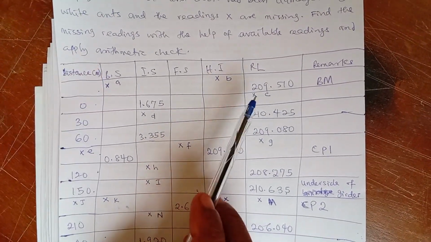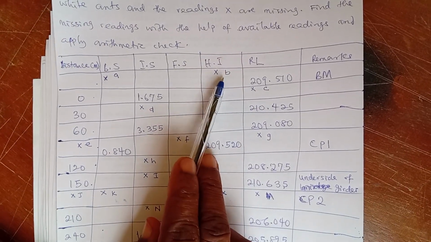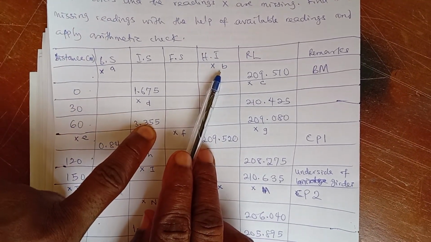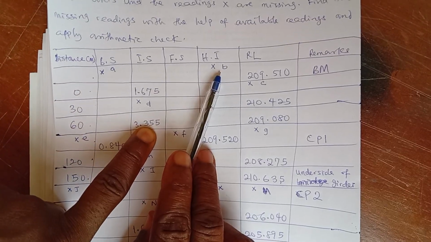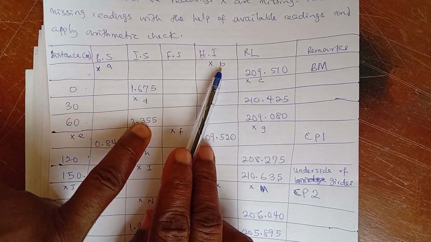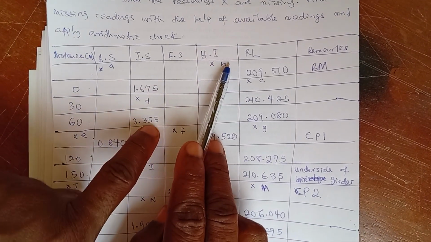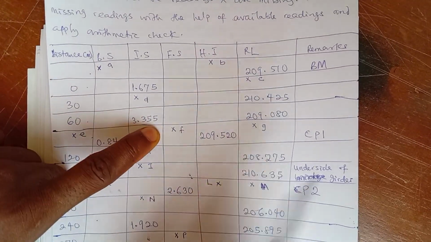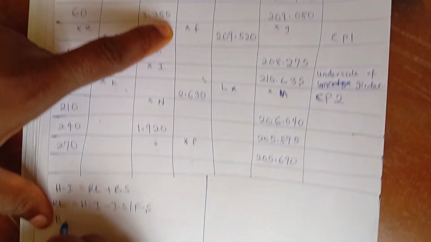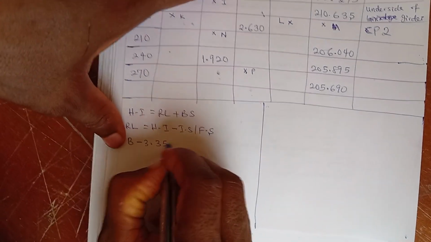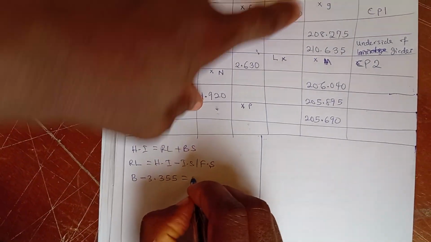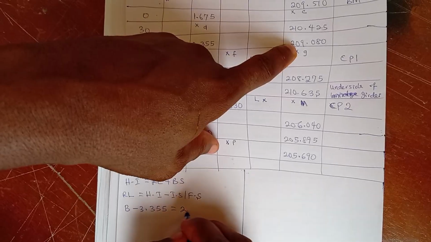But don't forget, this height of instrument here minus this intermediate sight, that is B minus 3.355, will give us this reduced level here.